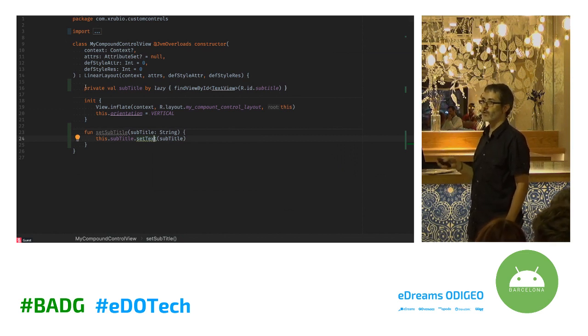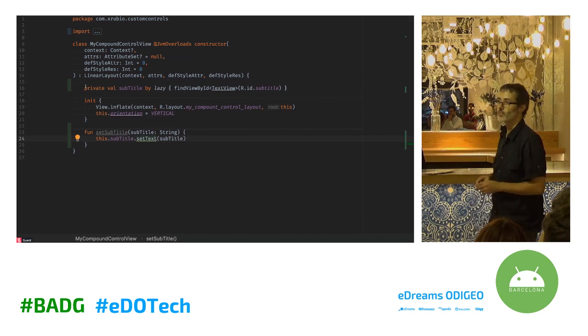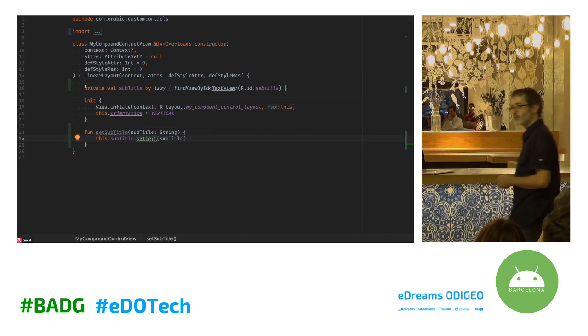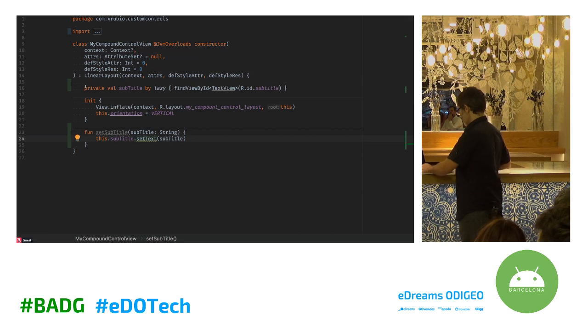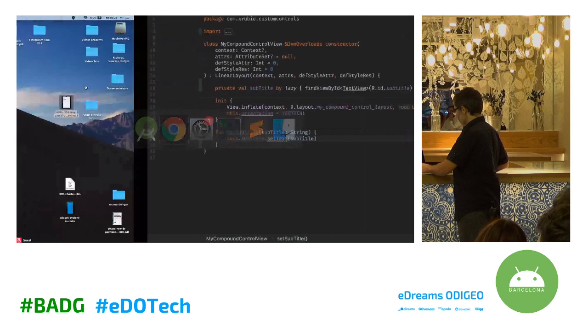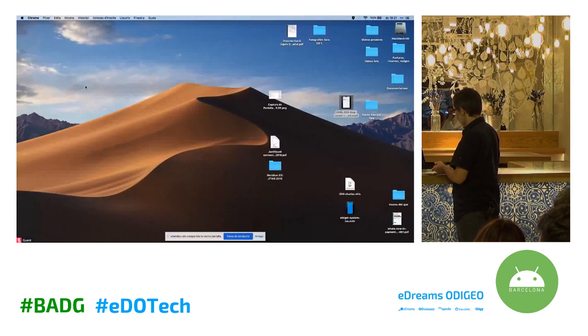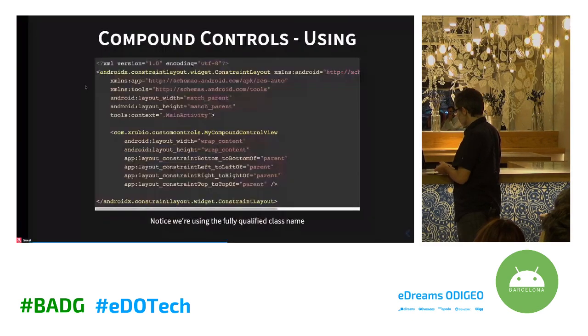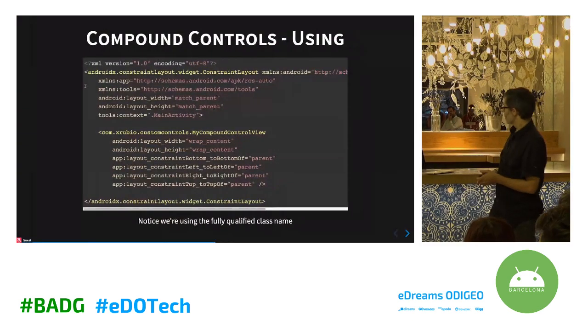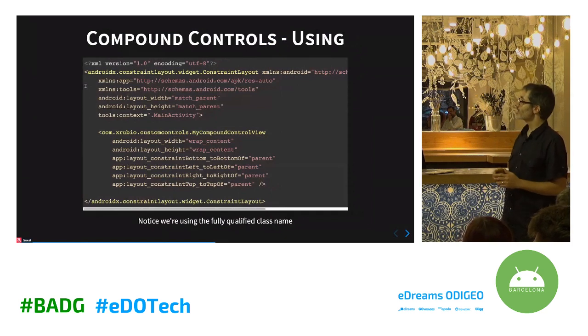We can use methods, we can use properties, whatever works for the control. And with this, we are able to just expose the functionality we want for this control. Okay, so this is the simple way to create custom controls.